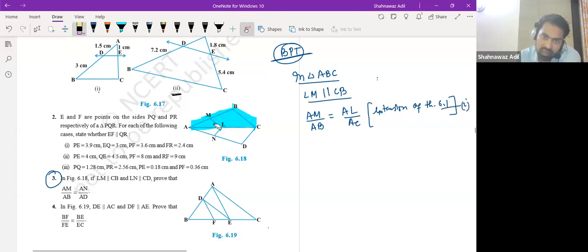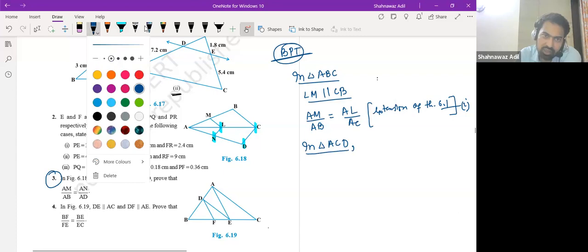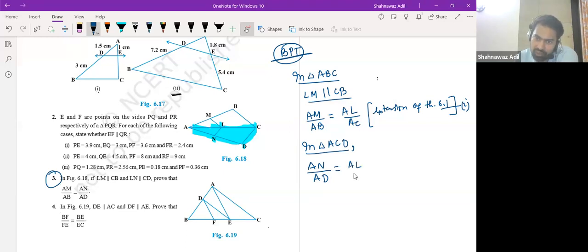Now we have used this triangle, so forget about this triangle. Now LN is parallel to CD. So now we will take which triangle? In triangle ACD. So in triangle ACD, we will write that AN by AD is again equal to AL by AC.